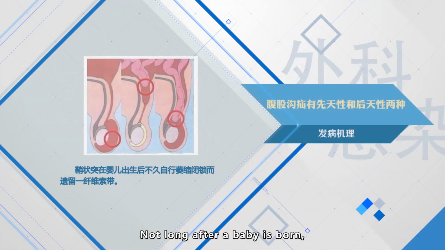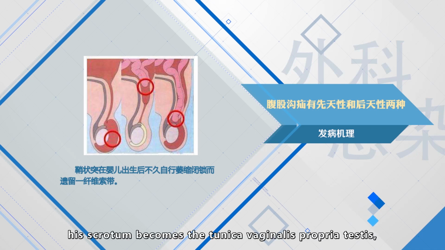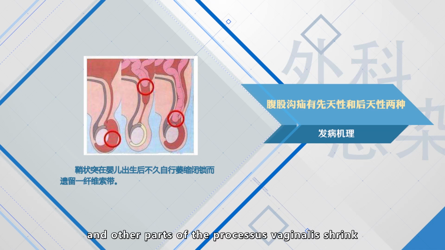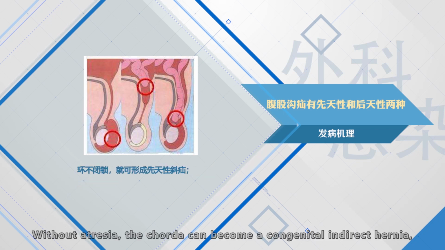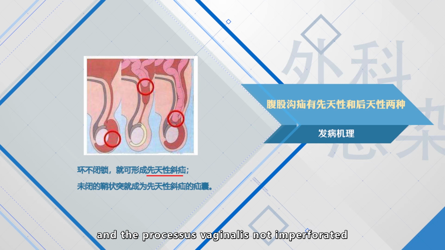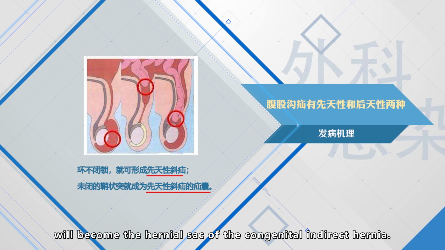Not long after a baby is born, the part around the testis becomes the tunica vaginalis propria testis, and other parts of the processus vaginalis shrink and are obliterated by themselves, leaving a fibrous cord. Without obliteration, the processus vaginalis can become a congenital indirect hernia, and the processus vaginalis not obliterated will become the hernia sac of the congenital indirect hernia.